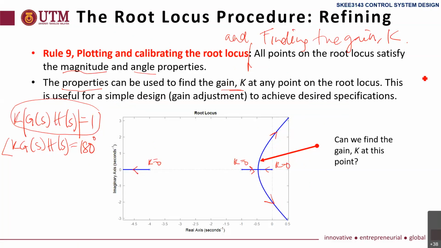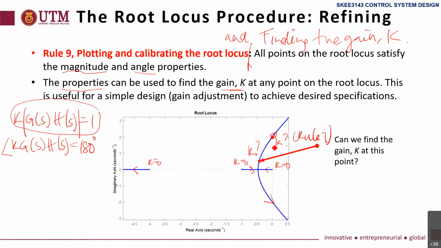So we know the pole when K is 0. But how about another point? If I need a point here, how can I get K? K here can be obtained by using rule 7.